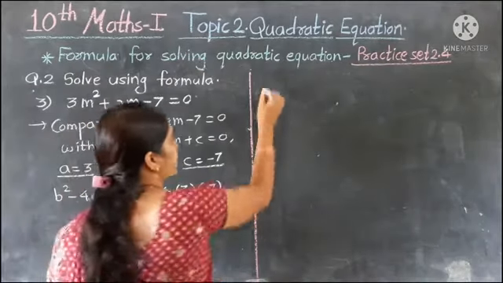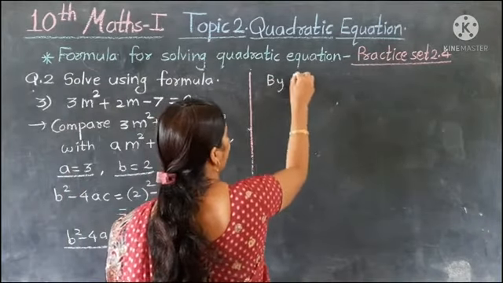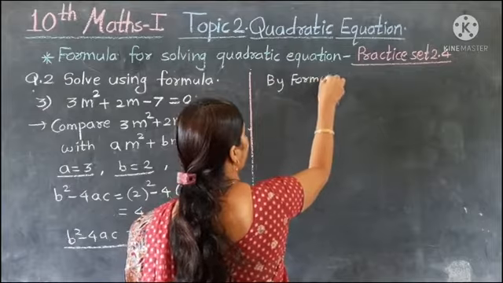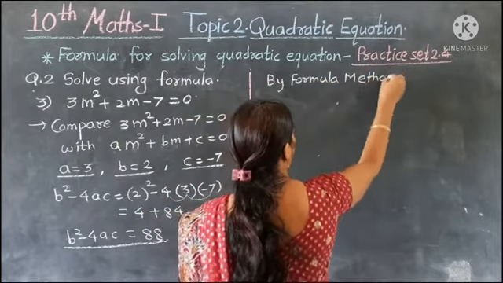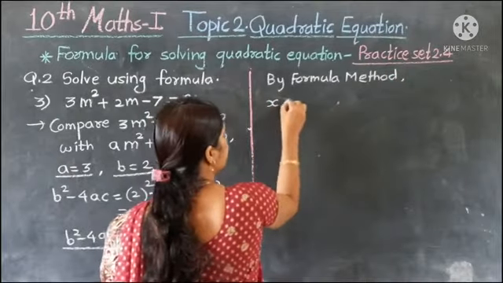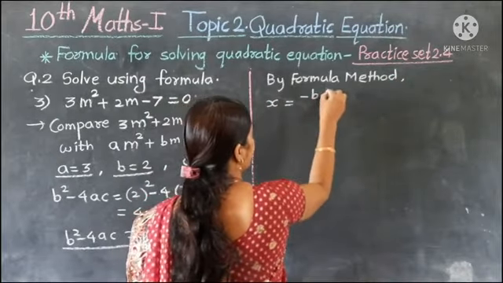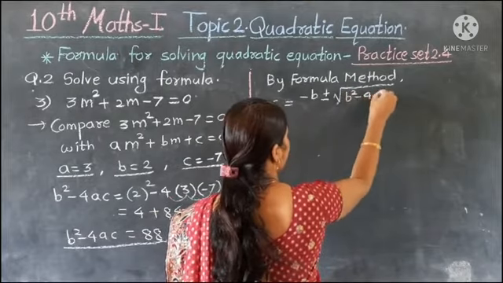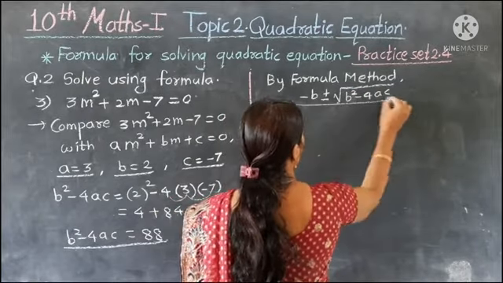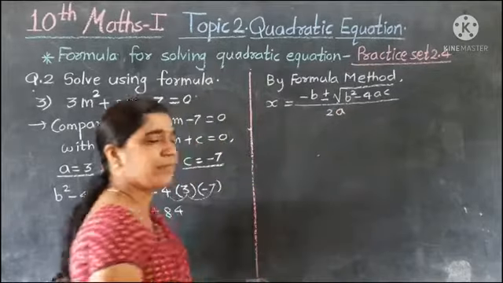Now by the formula method, you write the formula. What is the formula? x is equal to minus b plus or minus root b square minus 4ac, whole divided by 2a.